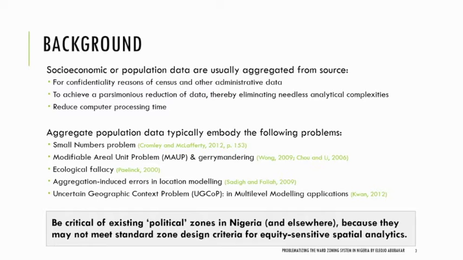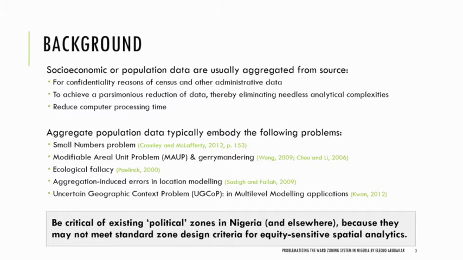With different zoning definitions, those centroids are going to change, and that's going to cause differences in the results you get. So essentially, what I'm driving at from this slide is that it's important to be critical of the zones you use for analysis, especially if you're concerned about equity, which means fairness, and especially in low and middle income contexts like Nigeria, where most of the zones are political zones.